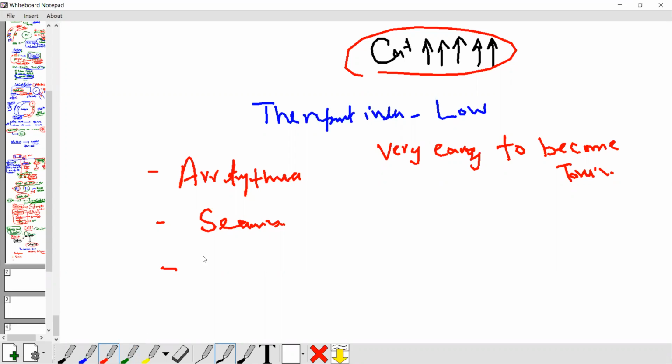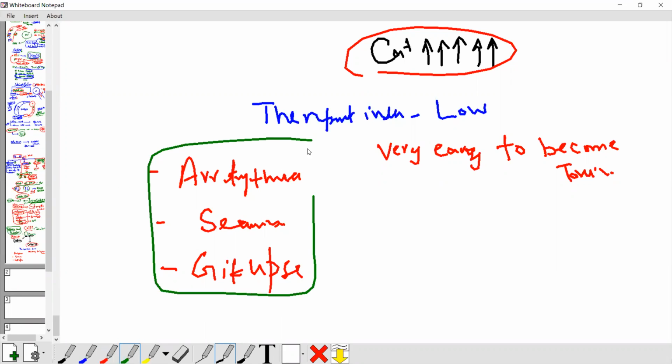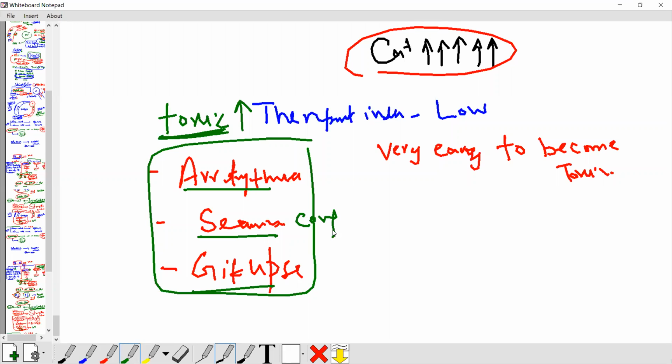Digoxin also can cause GIT upset: nausea, vomiting. If digoxin becomes toxic, meaning very high dose, it can cause arrhythmia, seizure, convulsion, confusion, GIT upset, nausea, and vomiting.